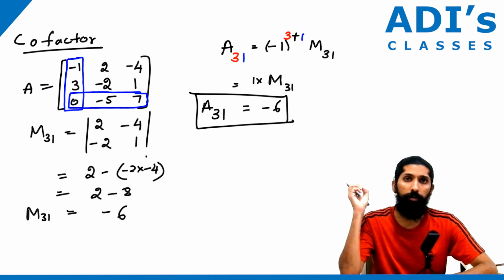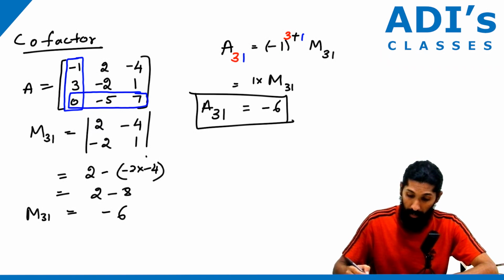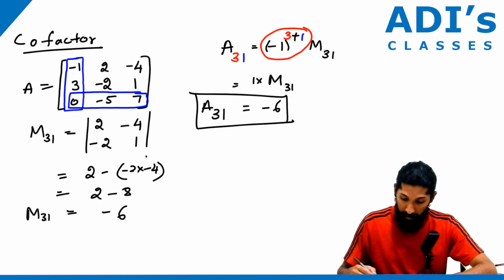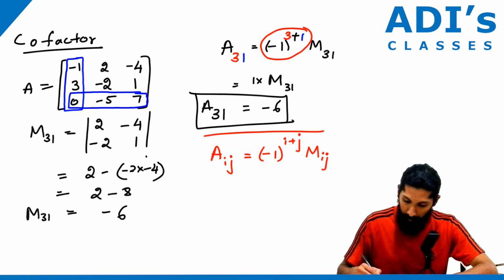Now what did we do here? The most important point is calculating the value of this one, correct? The cofactor of an element Aij is minus 1 to the power of i plus j into the minor of that particular element Mij.